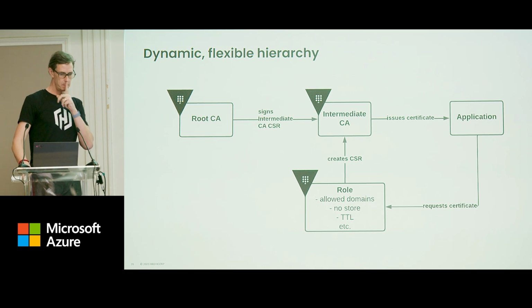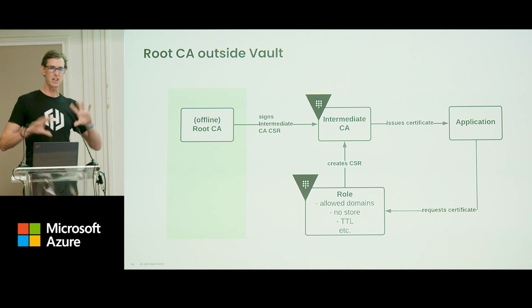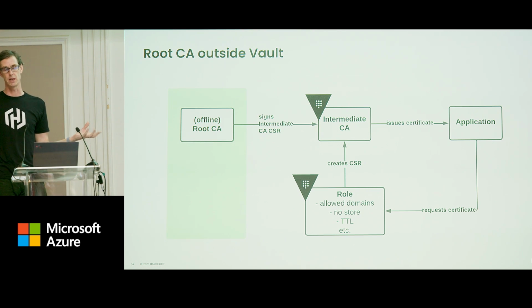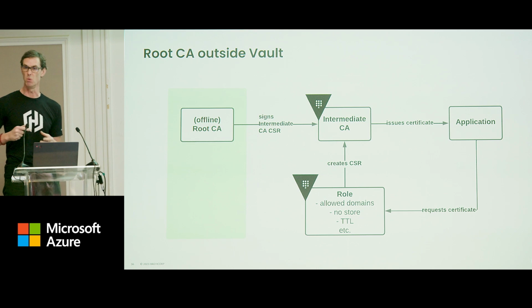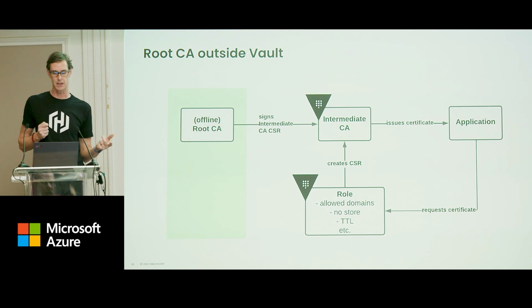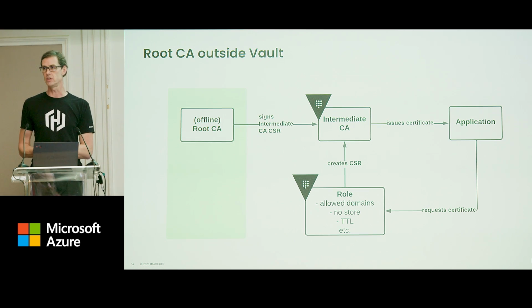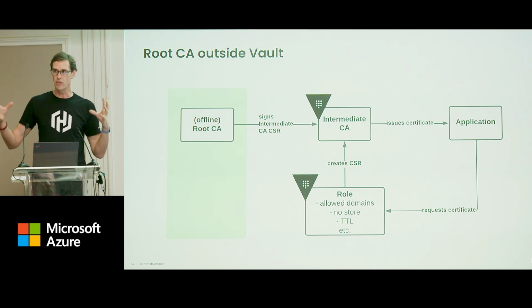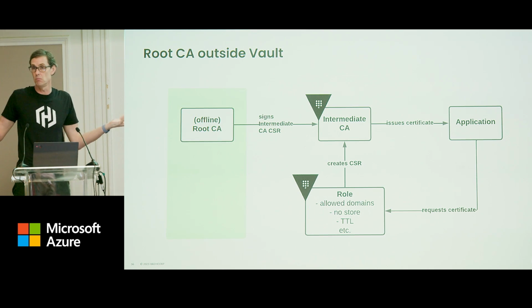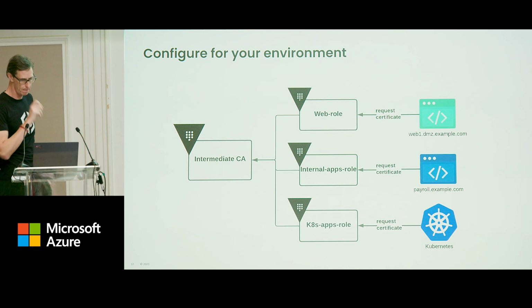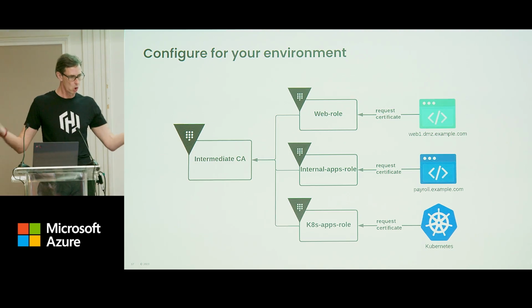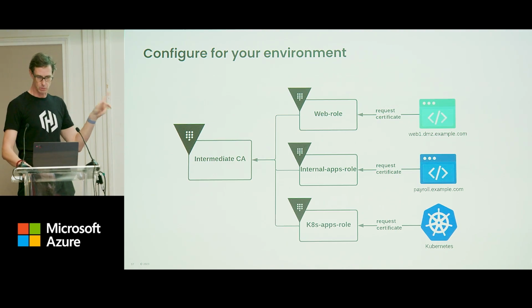Your other option is to use an offline CA. If you've already got a root CA and you want to use Vault to generate those intermediates, you can do that too. It's a very flexible model. It depends on what you want to do. Here's a quick overview of some of the things we're going to do.